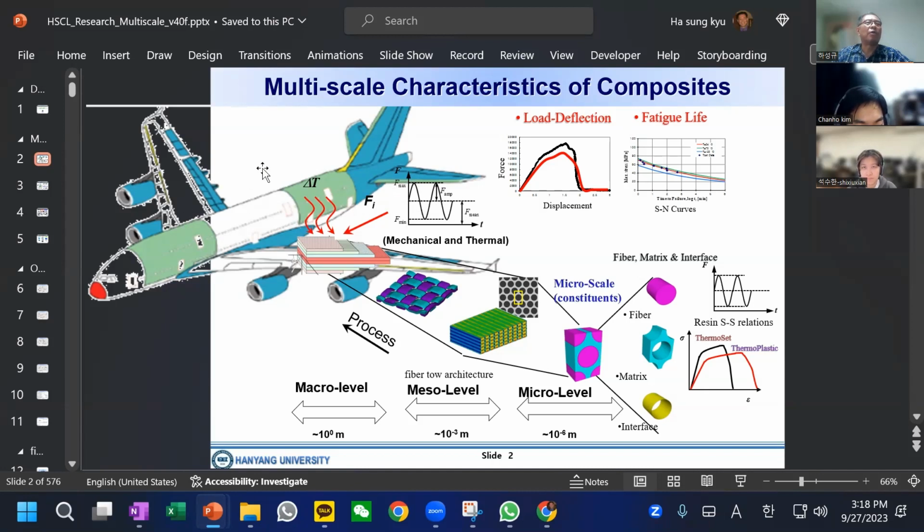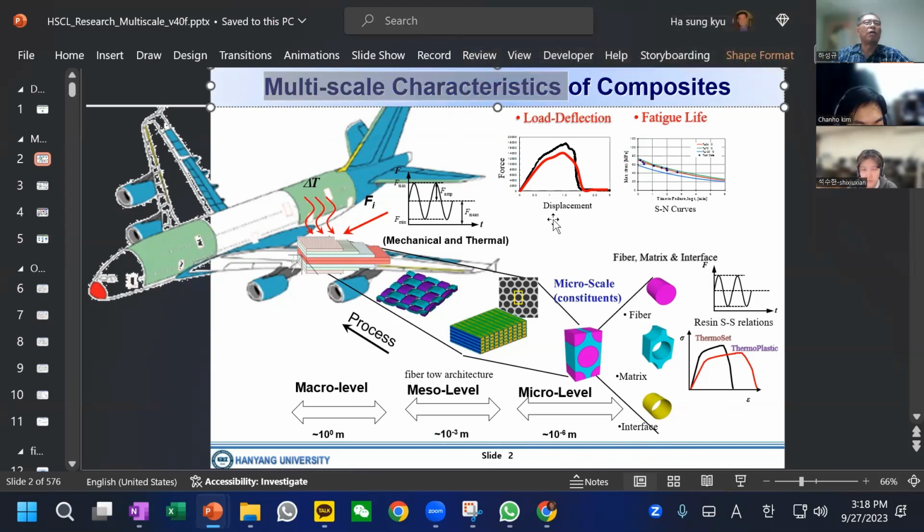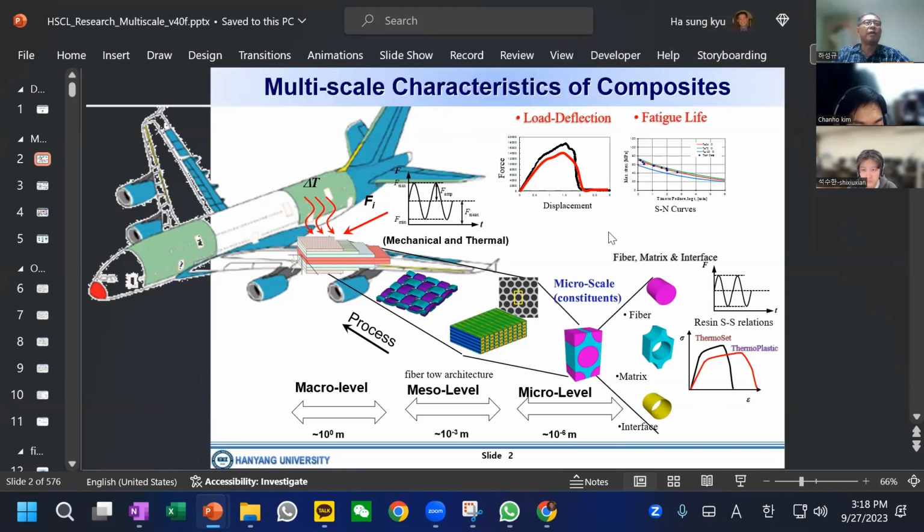So I hope you have an overview of these multi-scale characteristics of composites. Statically, we can think of displacement and force, and fatigue-life-wise, we can think of the S-N curve.